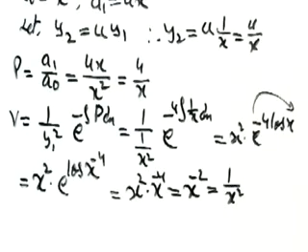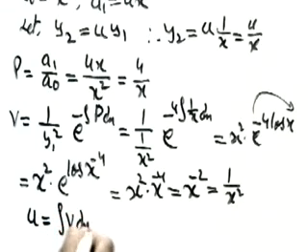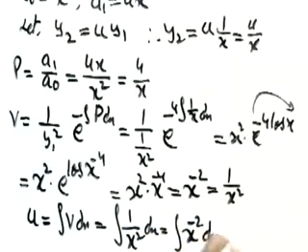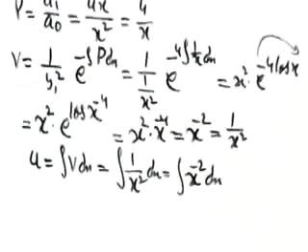Now we got the value of v. The next step is u. So u equals integration of v dx, equals integration of 1 by x square dx. Bring x to the numerator: integration of x power minus 2 dx.